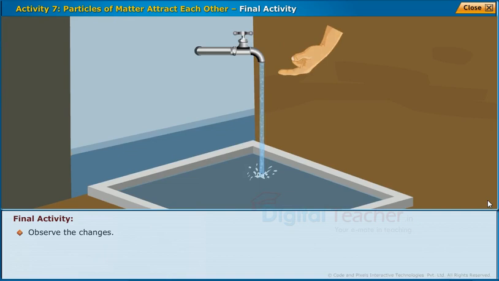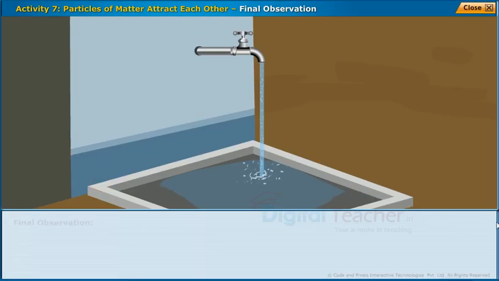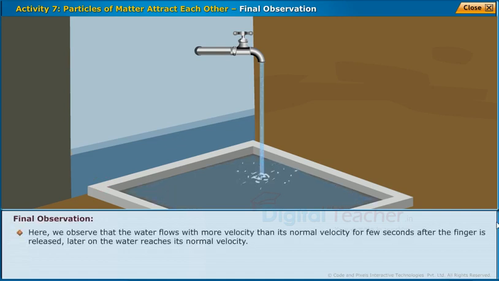Observe the changes. Here, we observe that the water flows with more velocity than its normal velocity for few seconds after the finger is released. Later on, the water reaches its normal velocity.